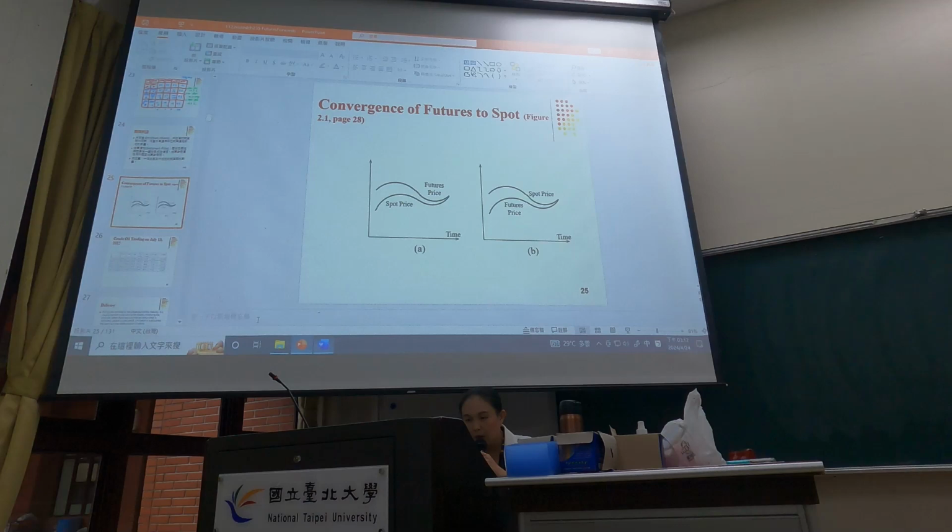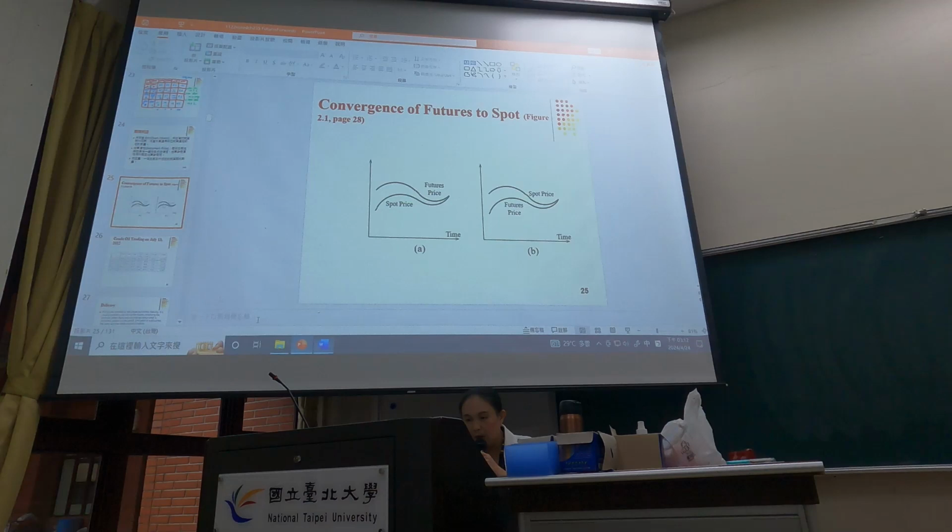So this condition is what we call backwardation. You have to remember these two diagrams' relation, all right? So these are the terminologies describing the relation and the process of convergence between F and S.